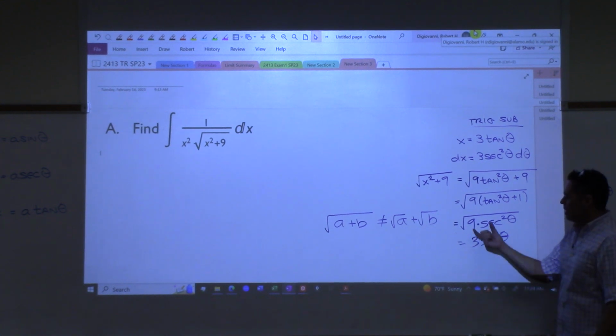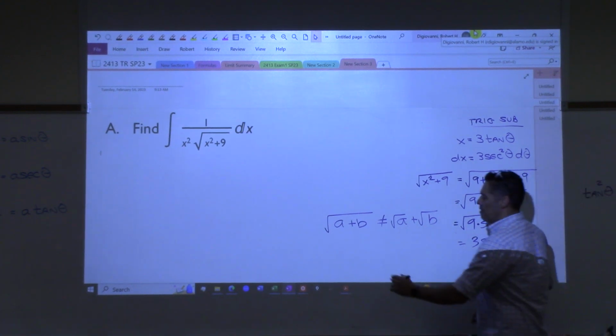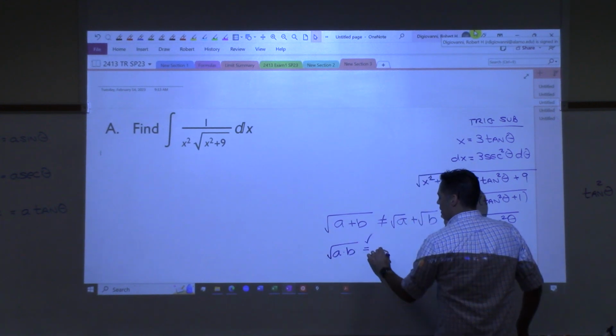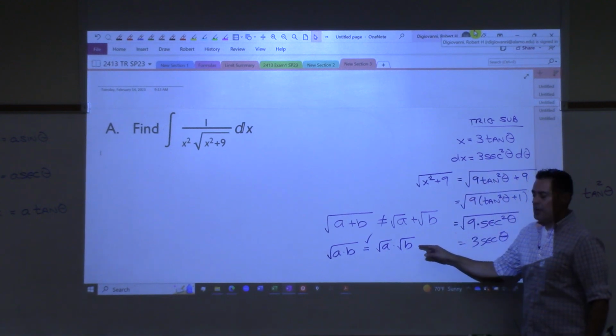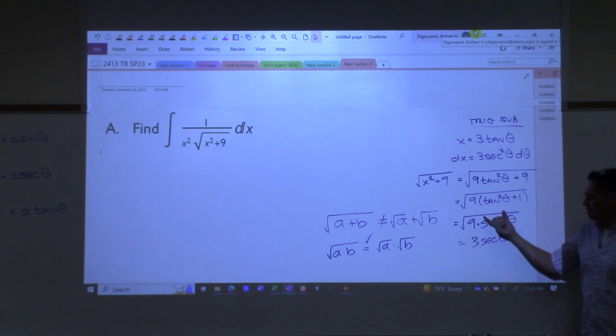And if I make it a product, then I can do the square root of each one. That property is okay, right? The square root of a times b is the square root of a times the square root of b. That property is legitimate. So I've turned the sum into a product, and now I can do the square root of each one, and now I've got a nice little expression. Okay?